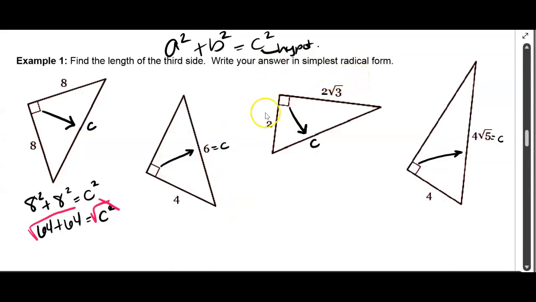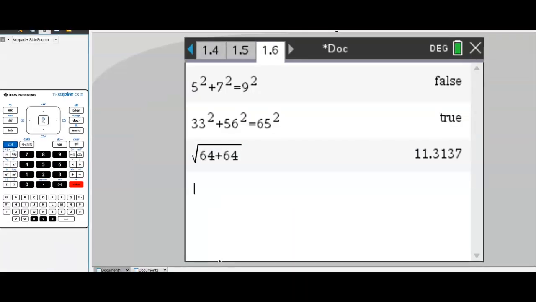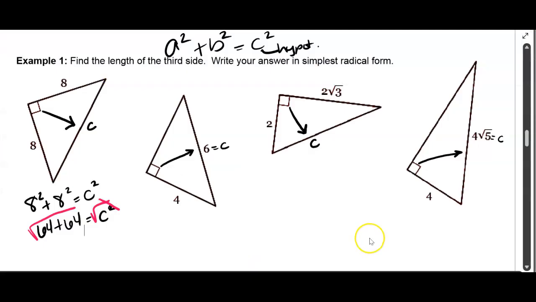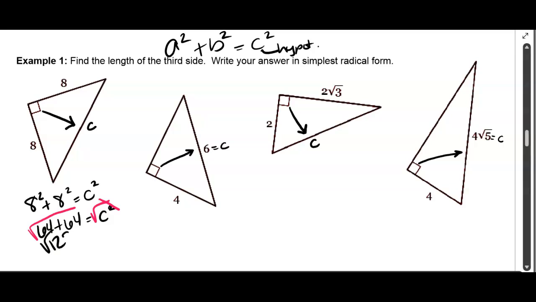Now it wants my answer in simplest radical form, so actually, don't write it as a decimal. What I'm going to do is 64 plus 64, which is 128. So this is the square root of 128 equals c. Simplest radical form means simplify my radical.